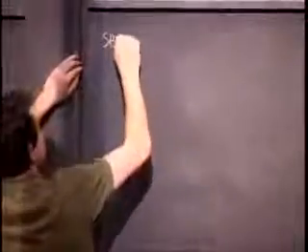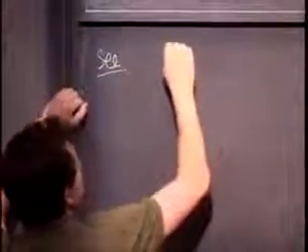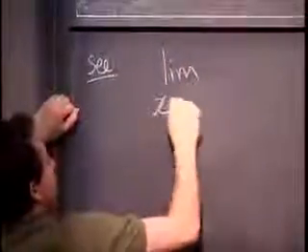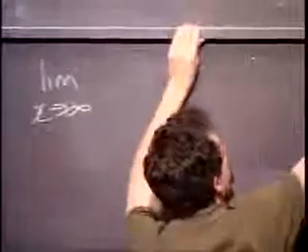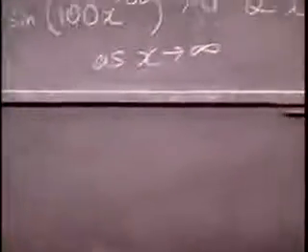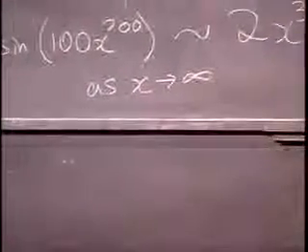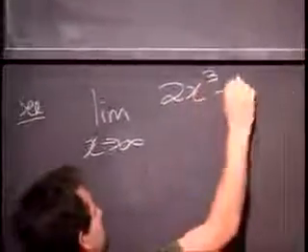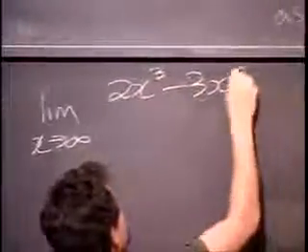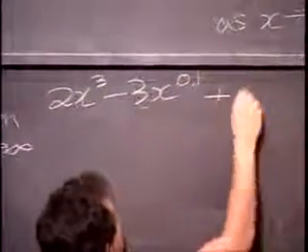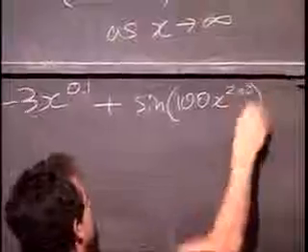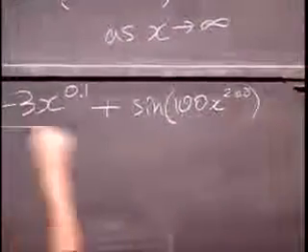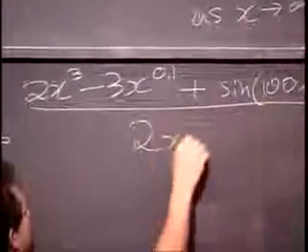See, here's the proof. Limit as x goes to infinity. I should have said here as x goes to infinity. Whenever you write a twiddle, you have to say as x goes to something. So the limit as x goes to infinity of the ratio, this time we have a sine 100x to the 200, and we divide this by 2x cubed.